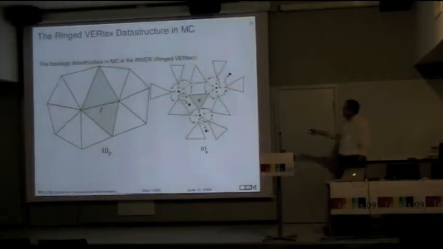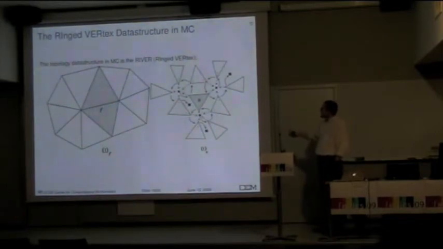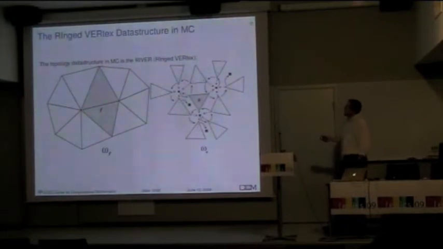And in 3 dimensions, if I want to get all of the simplices which share an edge, again, I would intersect these two simplex rings. And these rings are all finite length, bounded length if I have shape regular meshes. So these are all order 1 operations. They're algorithms rather than storage, so there's a cost associated with them, but they're all order 1. So all of the information we need to do mesh refinement, assembly, and so on, these are all linear complexity type operations in this kind of data structure.